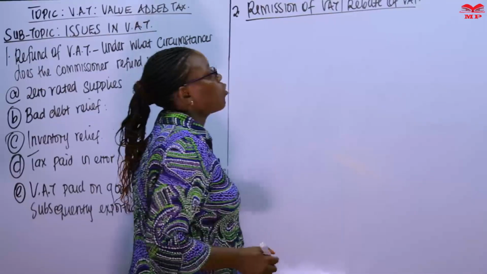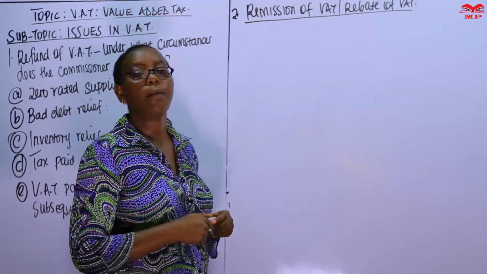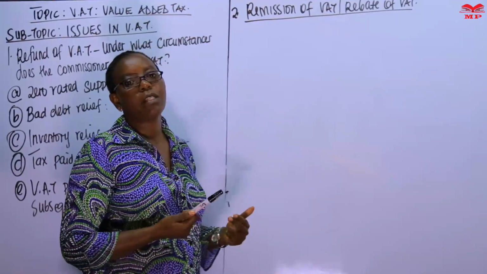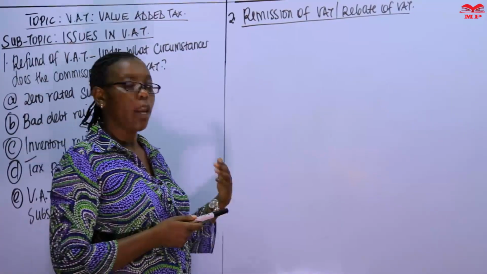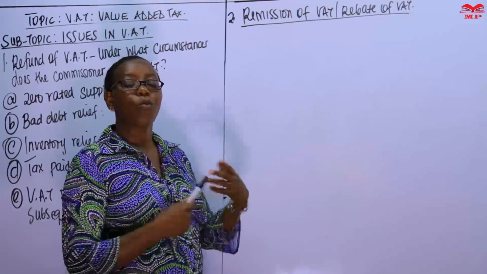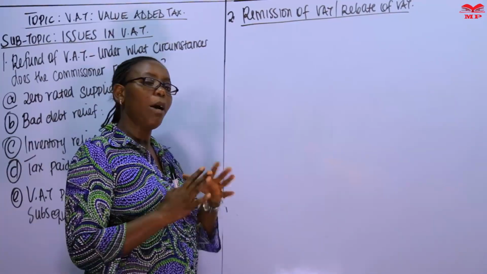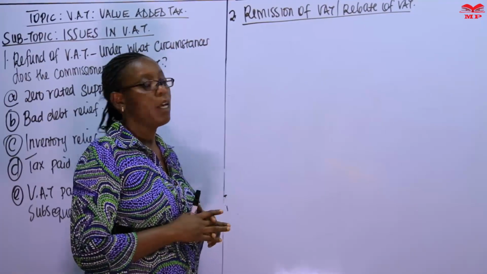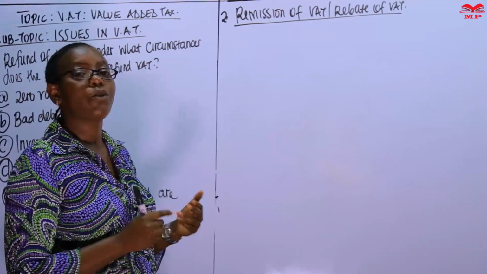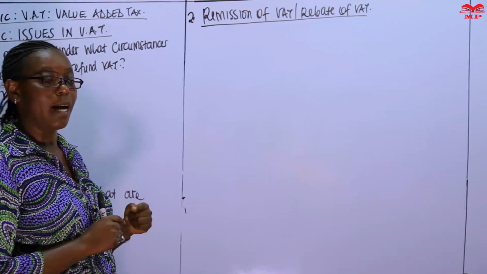Now, remission of VAT happens when, for whatever reason, the commissioner feels that they can waive the VAT either partially or in full, or any other tax, and therefore reduce the amount payable by the taxpayer.